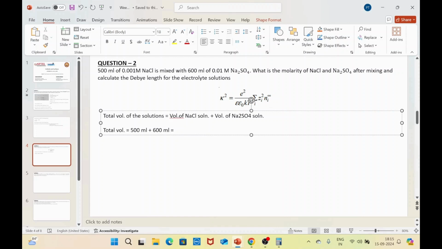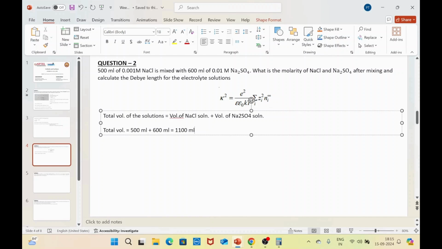So 500 plus 600 is 1100 ml. So this is your total volume of the solution.